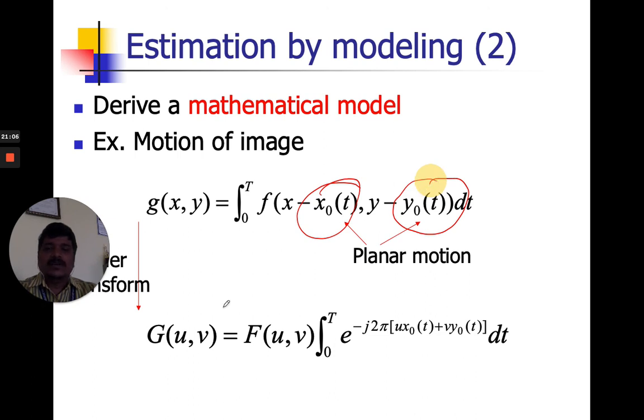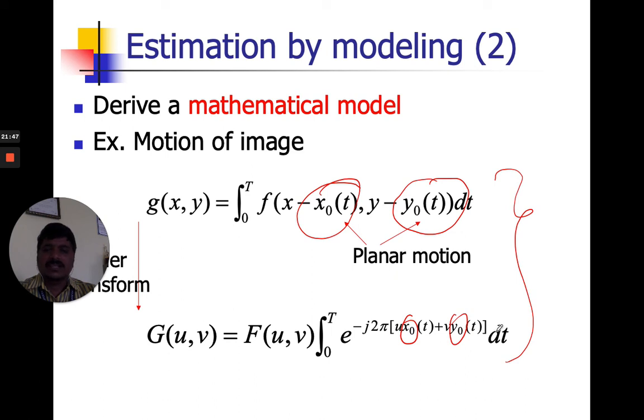With the transformation of g(x,y), G(u,v) equals F(u,v) times the integral from 0 to T of e to the power of minus j2π(u x0(t) plus v y0(t)) dt. These two parameters are the x and y components. Based on this, we get a mathematical model for the estimation by modeling method.